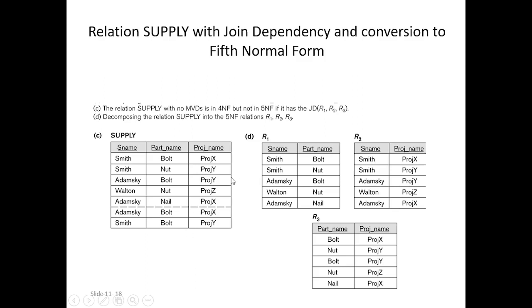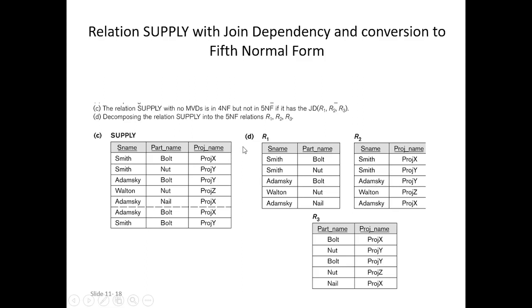So here we can consider the example of the supply relation, which we have seen earlier. The main peculiarity is that the supply relation is an all-key relation, which means all attributes are keys.